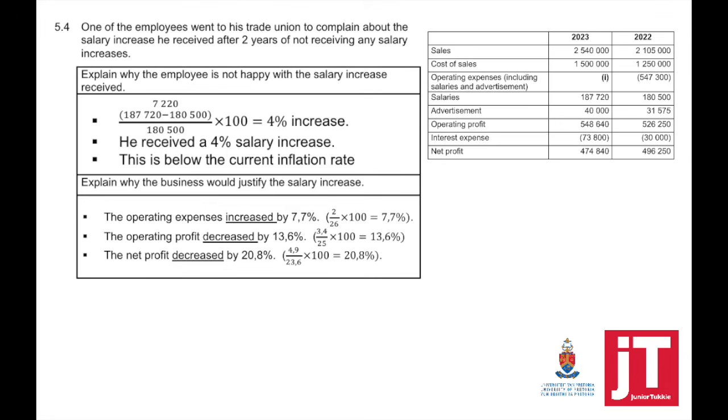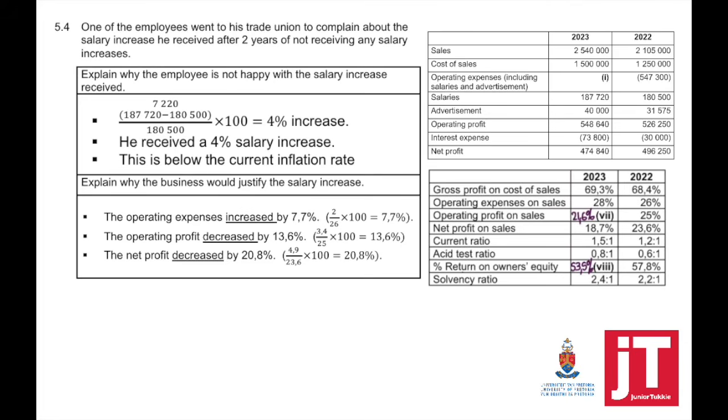So now we need to look from the business perspective. If we look at our operating expenses, they increased by 7.7%. The operating profit decreased by 13.6%. Or you can say the operating profit decreased from 25% to 21.6%.